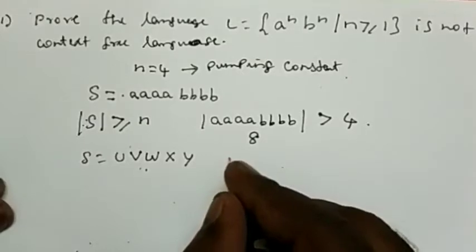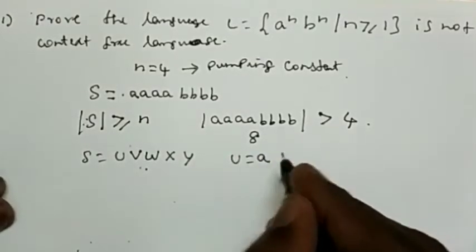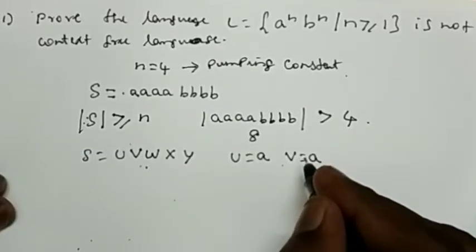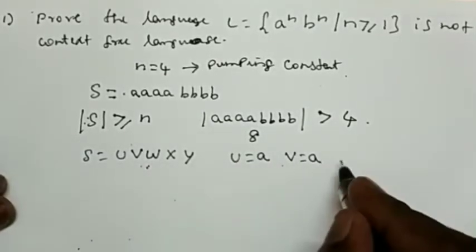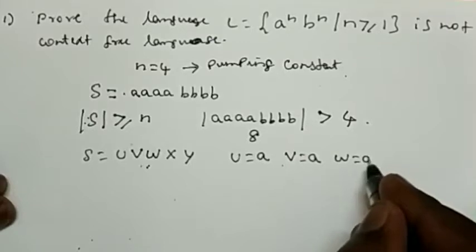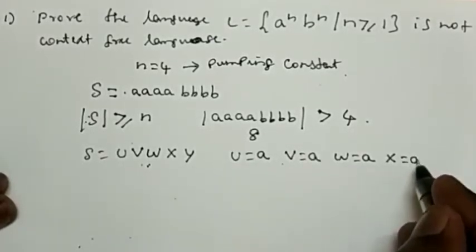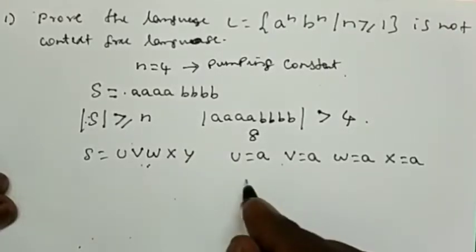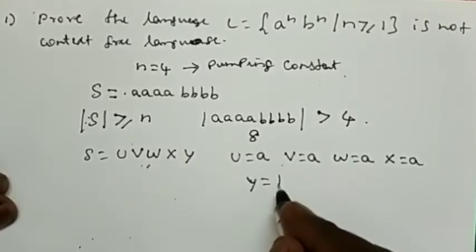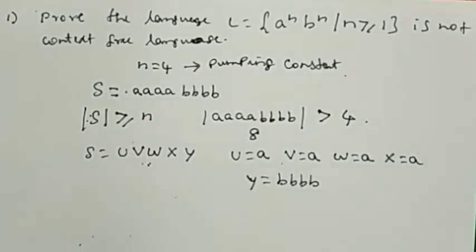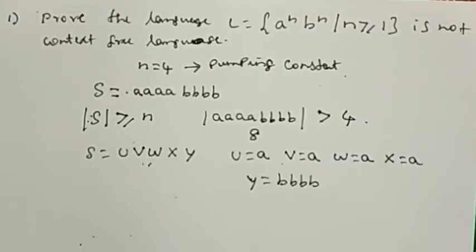Let us assume that u is equal to a, v is again a, and w is also a, and x is again a. Now we will take y as b. So when you put together, you will get 4 a's and 4 b's in order.